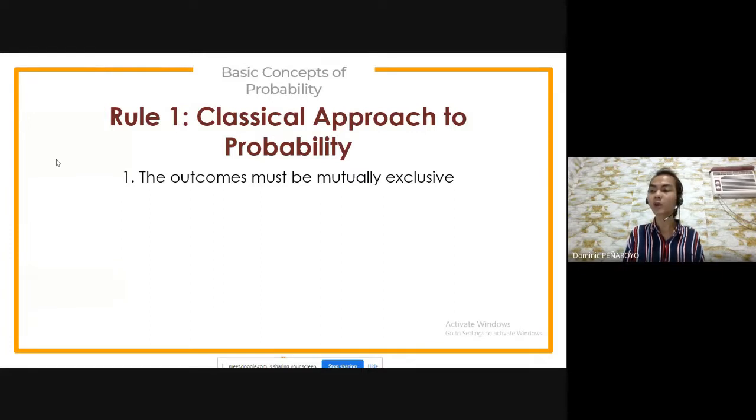First, the outcomes must be mutually exclusive. When we say mutually exclusive, class, it means that no outcomes can occur at the same time. Second, the outcomes must be equally likely to occur.